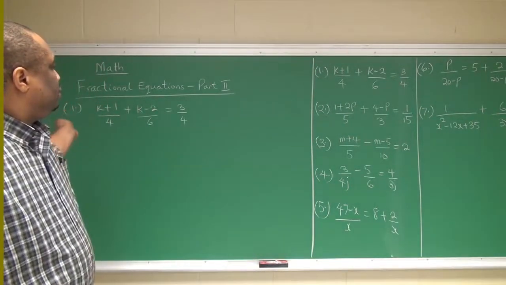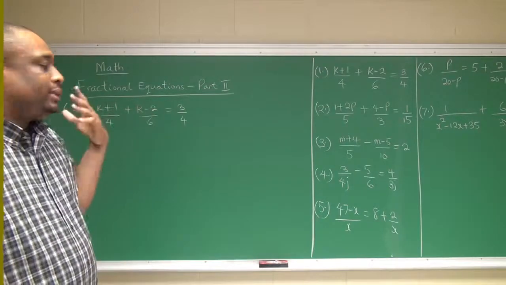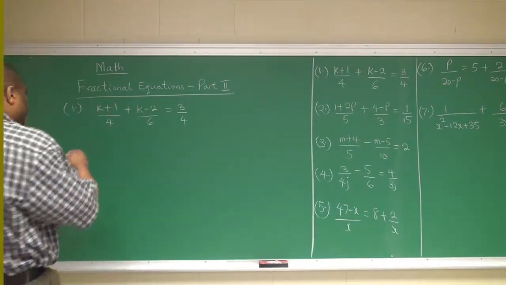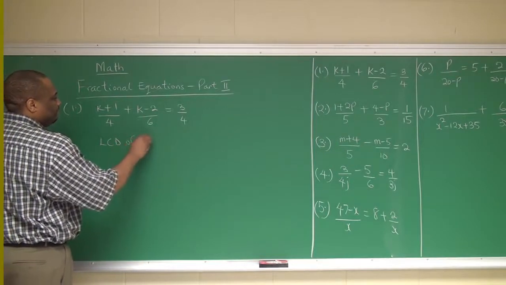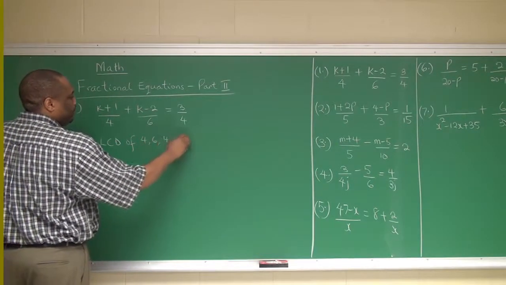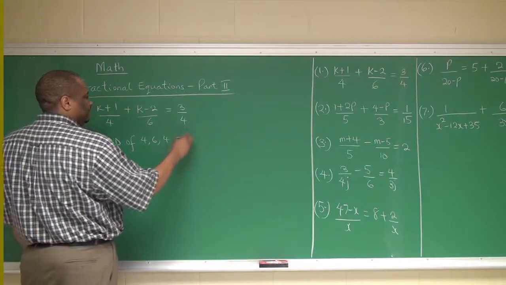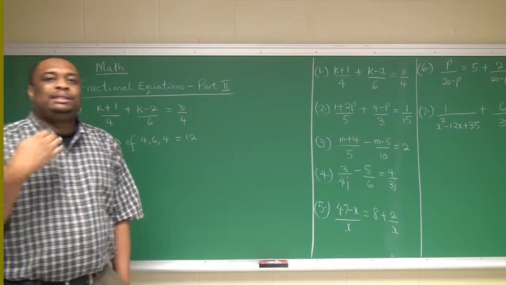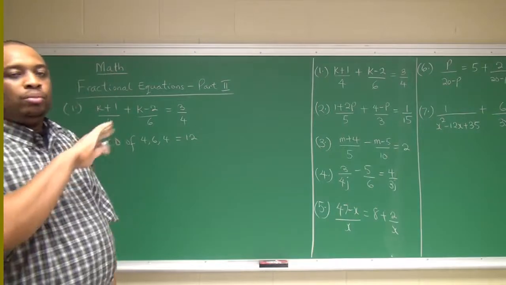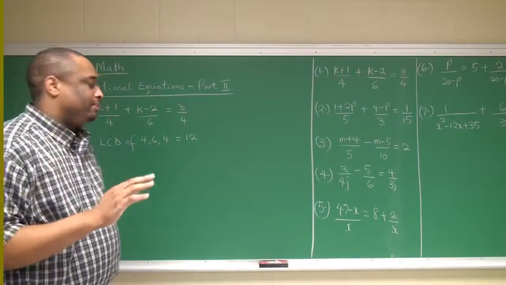So we want to clear the fractions. And how do we clear them? We first find the LCD. The LCD of 4, 6, 4 gives us 12. So what we want to do now is to use the LCD to multiply every term.